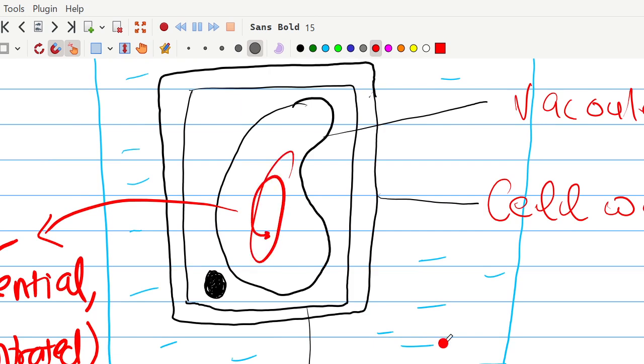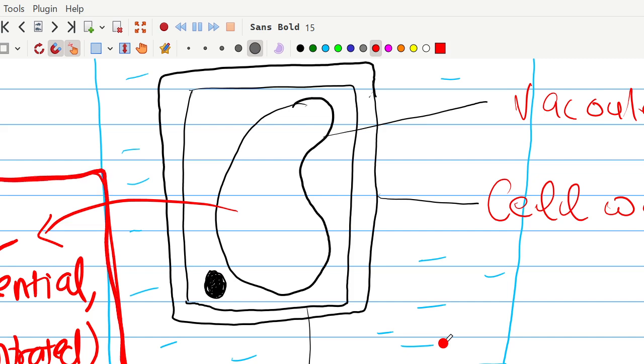If we look at the functions of the parts, the vacuole has low water potential. The vacuole is concentrated because it has salts in it.